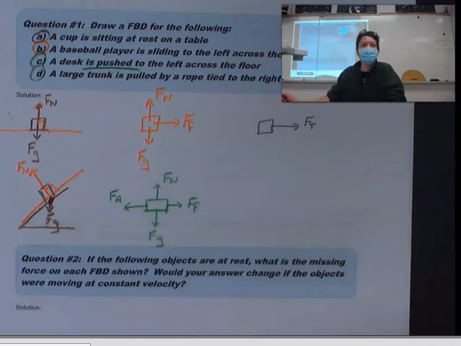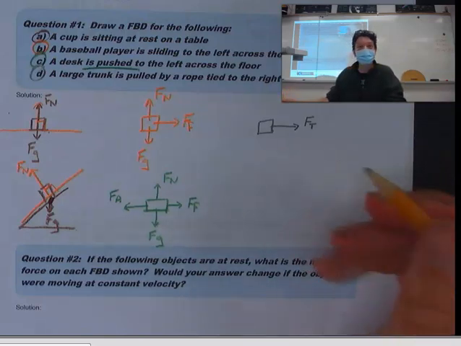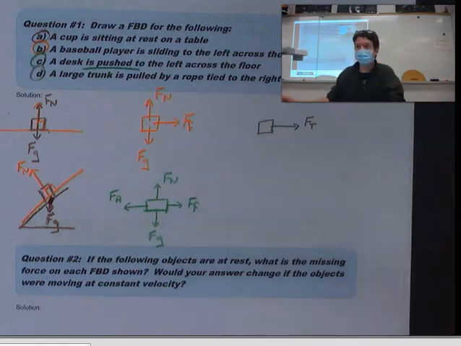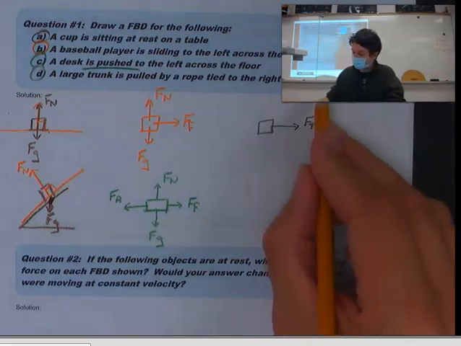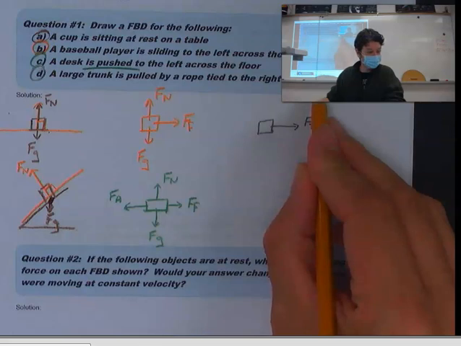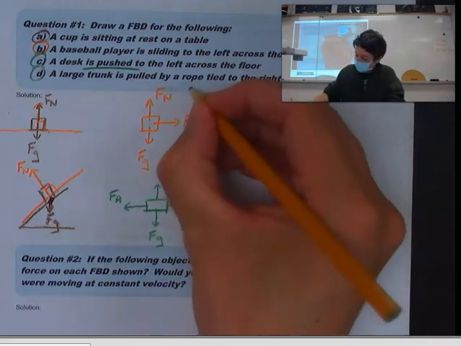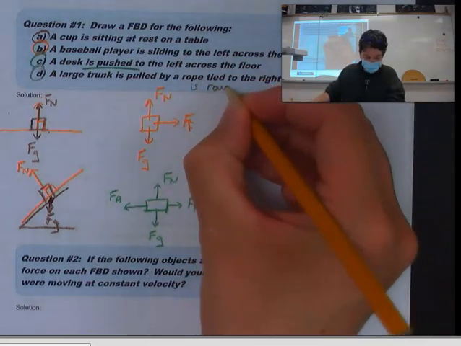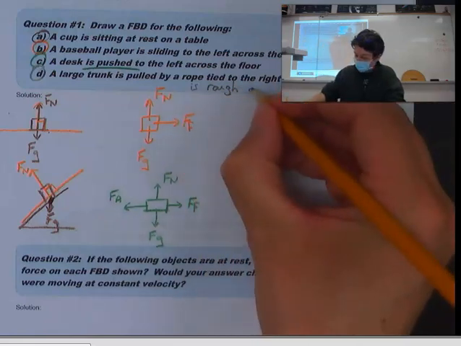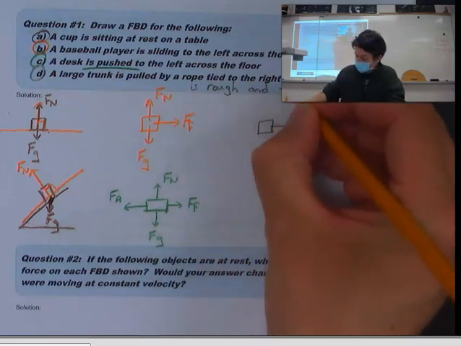Again, I've seen a lot of people write it as an applied force, and you're going to calculate the same results, whatever you call it. Now, of course, it's going across the floor. The question is cut off, but it should say the floor is rough, and the trunk does not move.